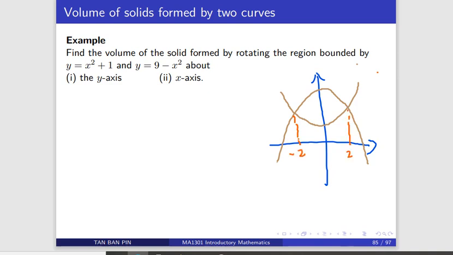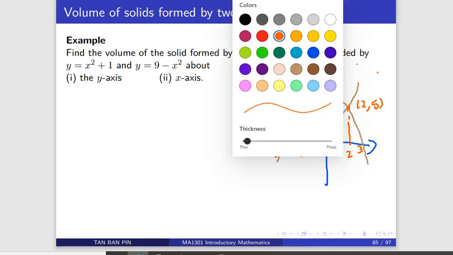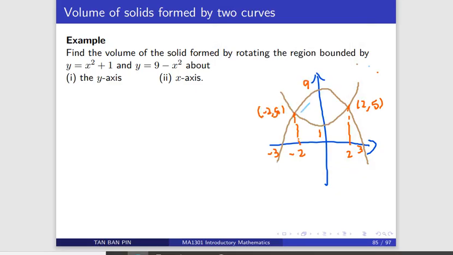The intersection points are at x equal to 2 and minus 2. And this point is actually (minus 2, 5). This point is actually (2, 5). Here is 9, here is 1. Here is minus 3, here is 3. So we'll be looking at this region, the shaded region, rotating the shaded region about the y-axis and about the x-axis.